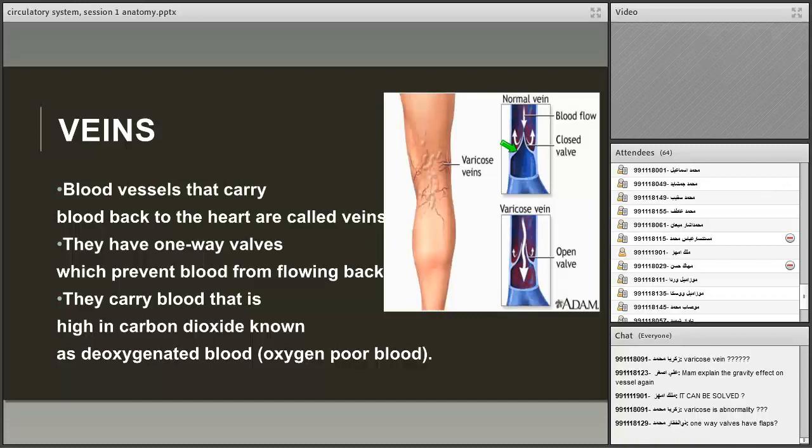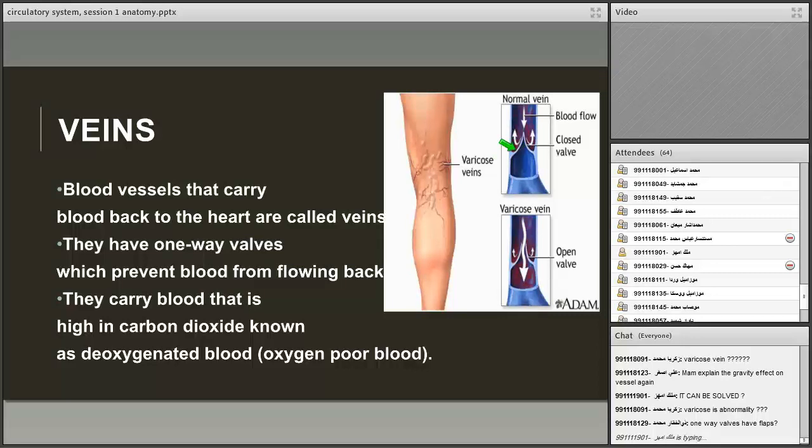So, the veins of the leg have many one-way valves because they are flowing the blood against the pressure of the gravity. These valves are preventing the blood from flowing backward in the legs.